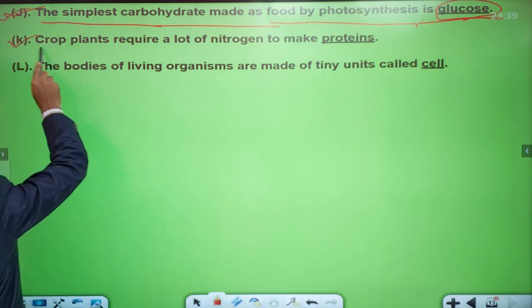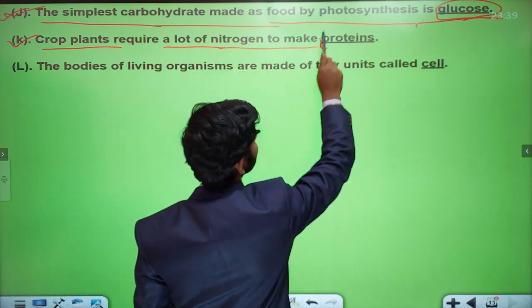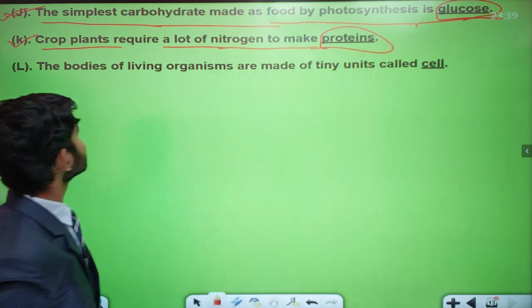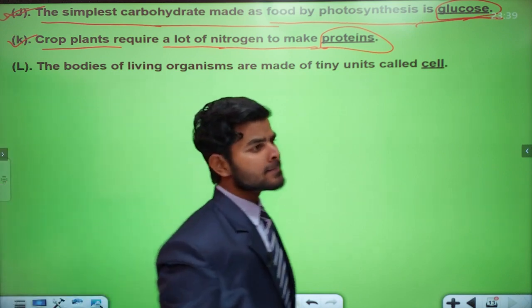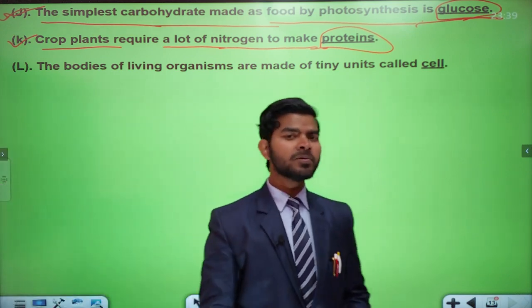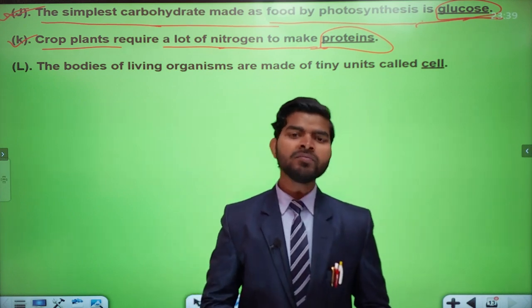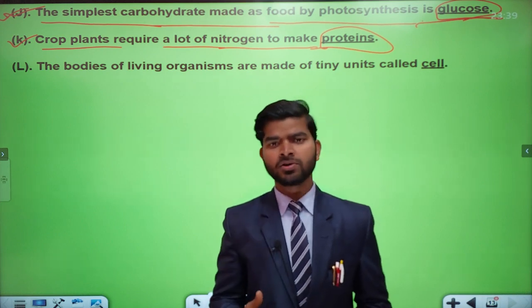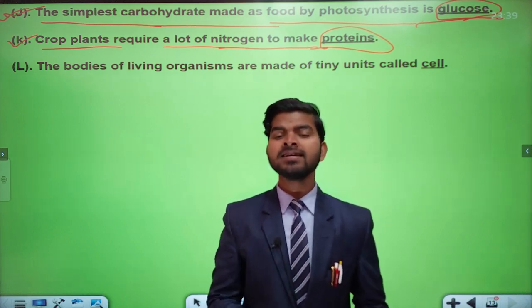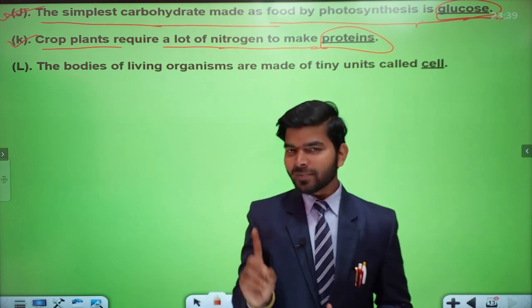Question number K. Crop plants require a lot of nitrogen to make protein. Obviously, yes. Why do the plants need nitrogen? The fact is that they need to build proteins in order to grow. Why are proteins needed by the plants?